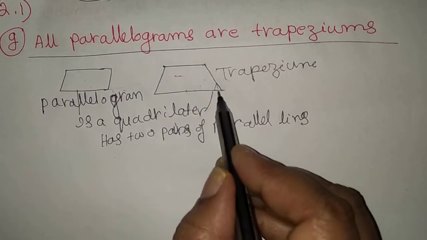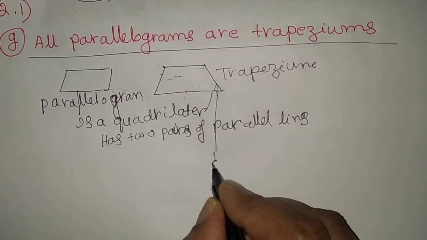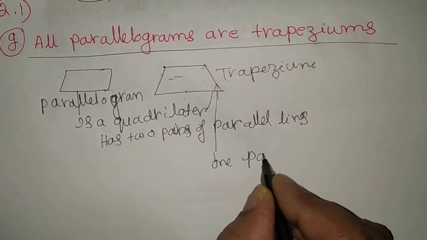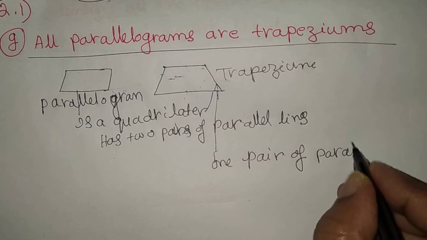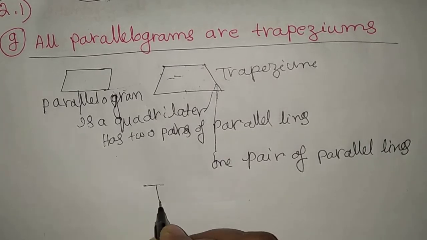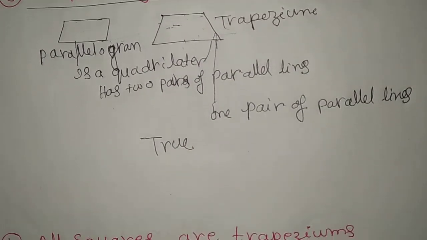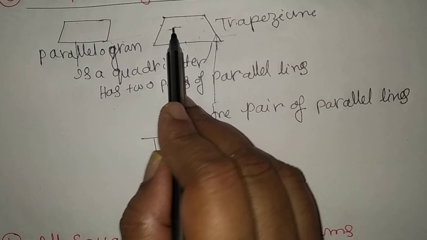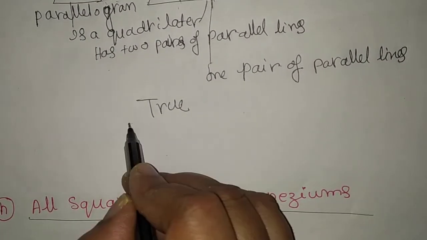It has at least one pair of parallel lines. So what happens here? The answer is true. All parallelograms are trapezium. One pair of parallel lines are there here, but two pairs are there. So all parallelograms are trapezium.